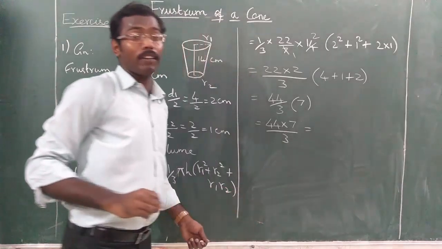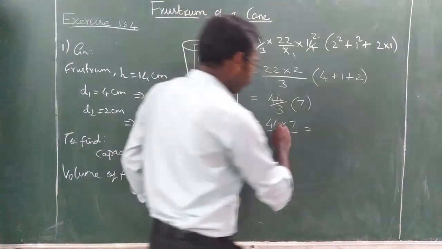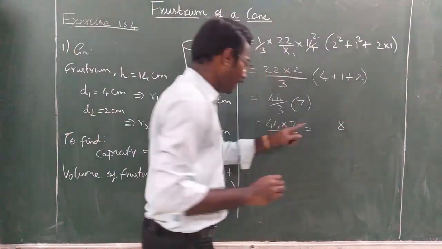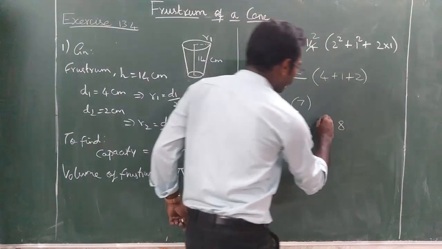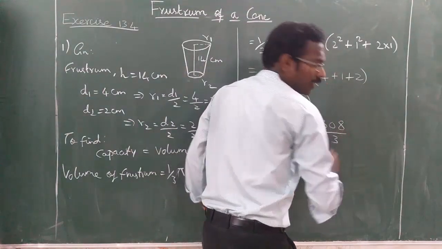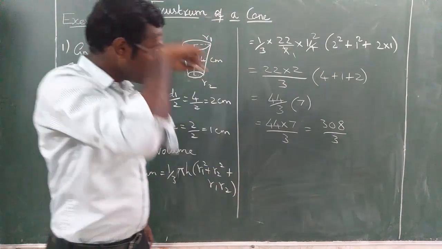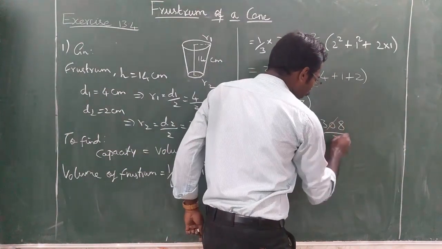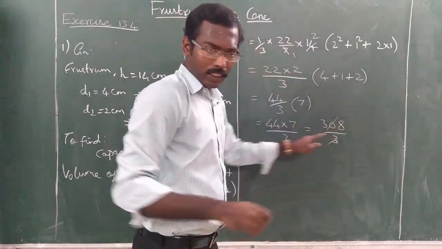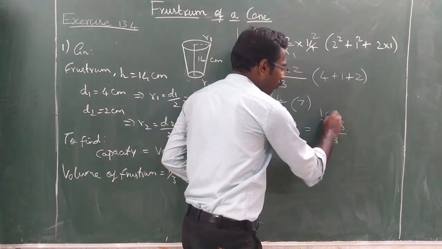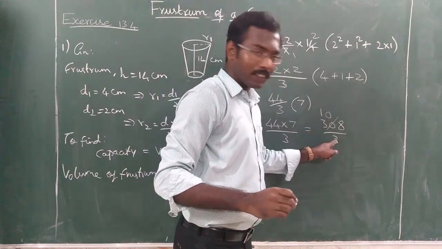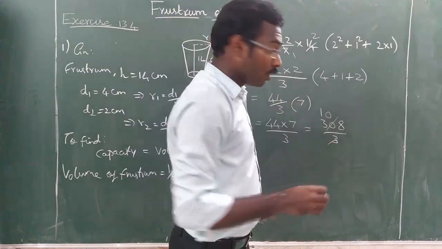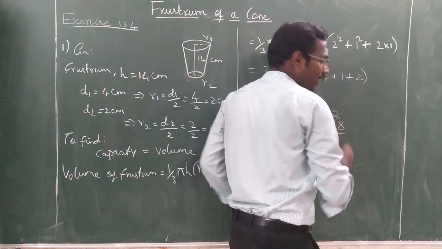So 44 into 7, how much? 4 7s are 28, 8 and 2 carried, so 30. 308 divided by 3. If you divide that, the answer will be: 30 by 3 is 10. Then 8 by 3. In 8 how many times 3 is there? Only 2 times. 2 3s are 6, remaining 2.